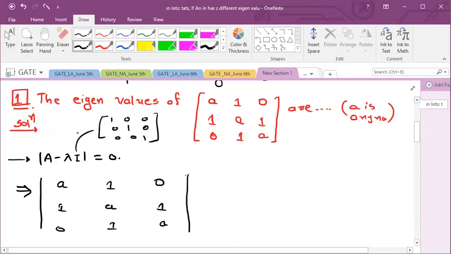Multiplying with lambda, we get lambda on the diagonal. If I subtract lambda I from A, we have lambda only in diagonal elements, so we'll get minus lambda in this part only. Is it clear?